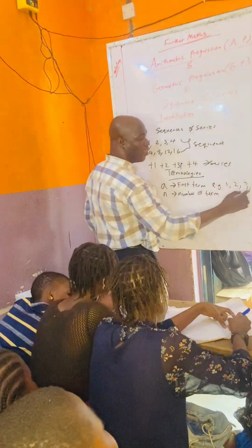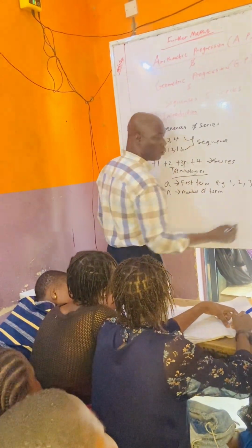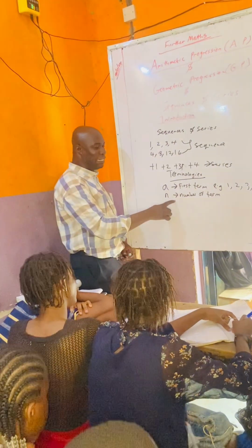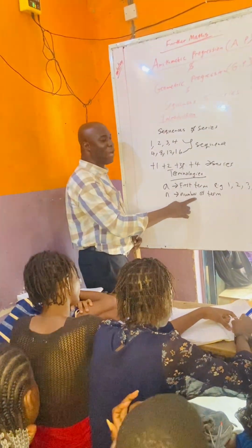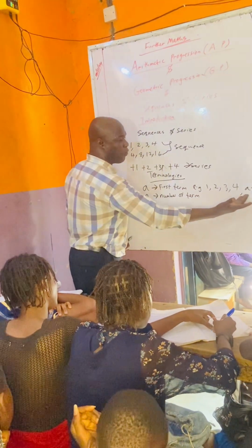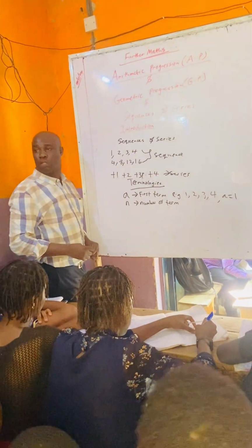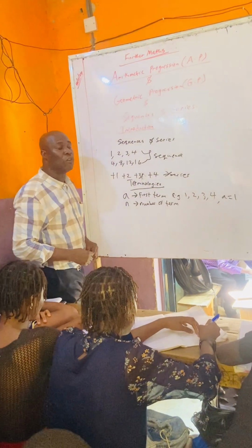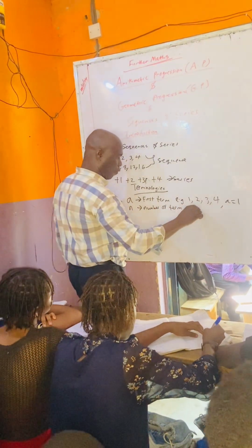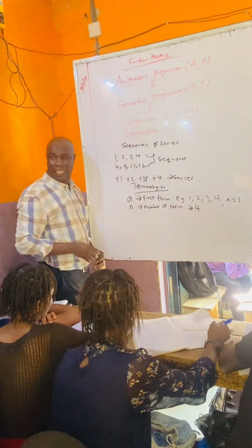Meaning that here, your A is going to be 1. This N means number of terms. Look at this number for an example, 1 to 4. The number of terms is what? 4, because 1, 2, 3, 4.